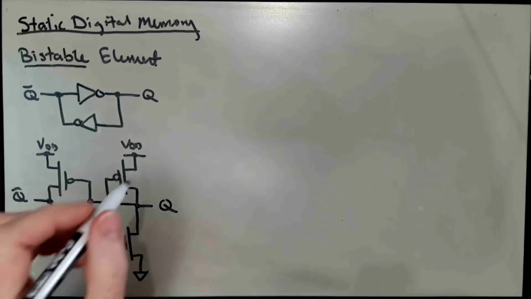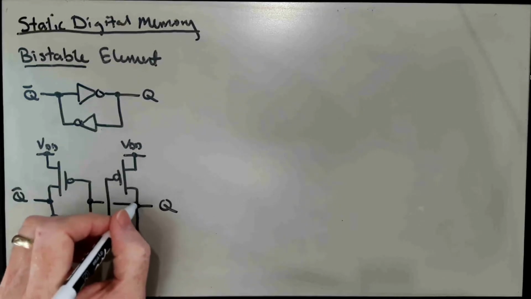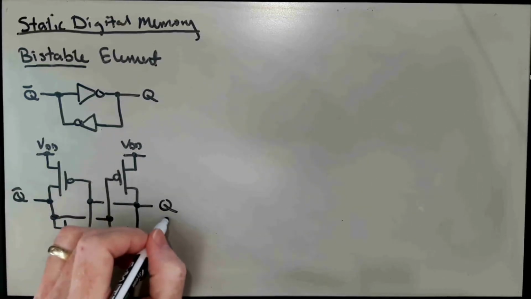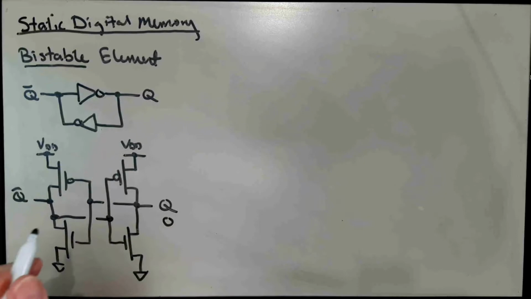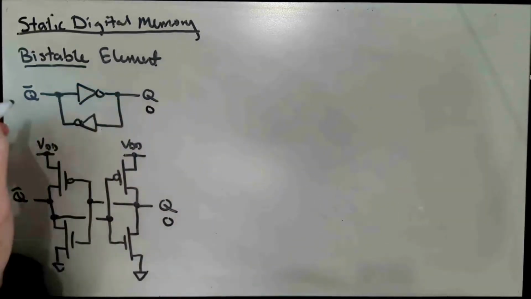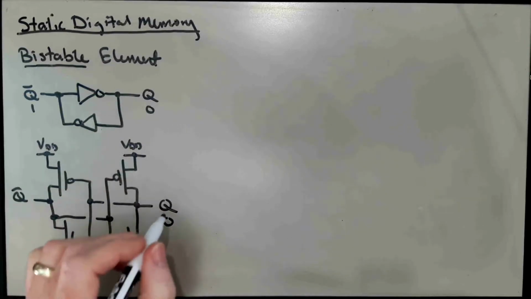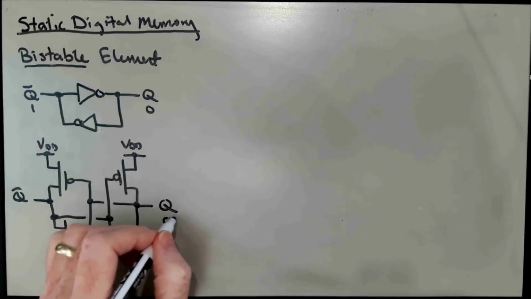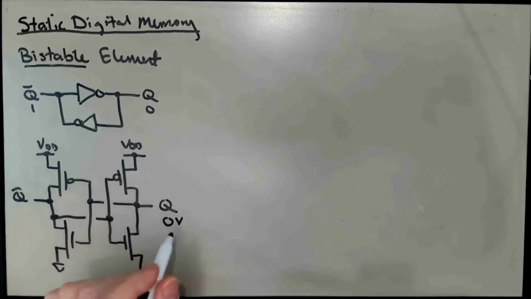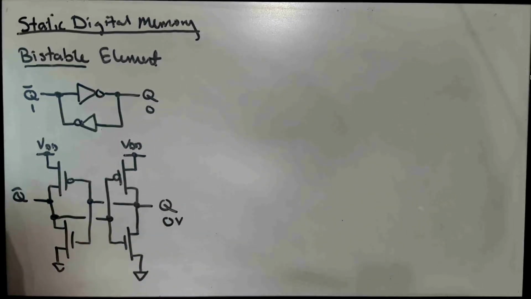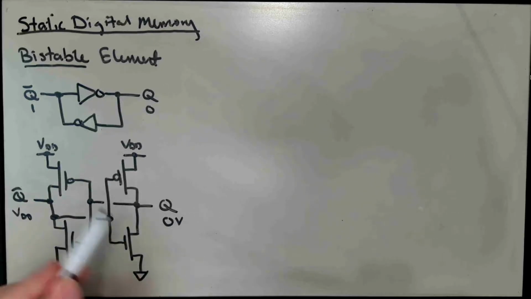We're going to assume, for the sake of argument, that Q is equal to 0 and Q bar is equal to 1, and think about whether or not that's a stable state and how the circuit works at the transistor level. So that would correspond to having Q be 0 volts and Q bar correspond to VDD. And we want to think about, is this state of the circuit self-consistent?